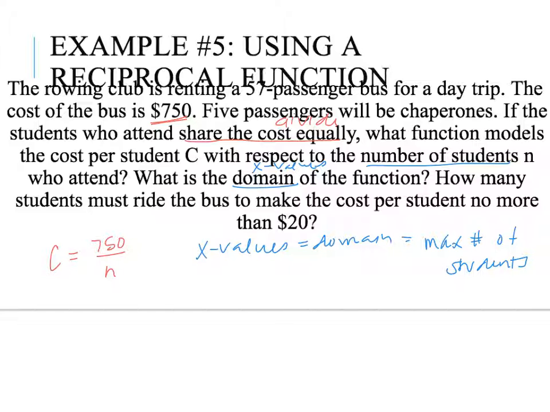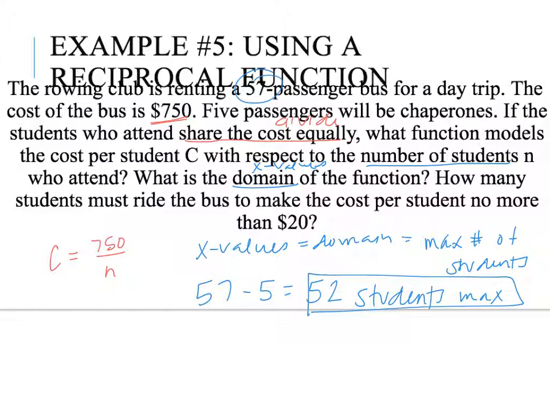Okay, so let's go back. This is a 57 passenger bus. But 5 of them are going to be chaperones. So how many can be students? Well, 57 minus 5 gives you 52. So 52 students max. So what would that look like as a domain?